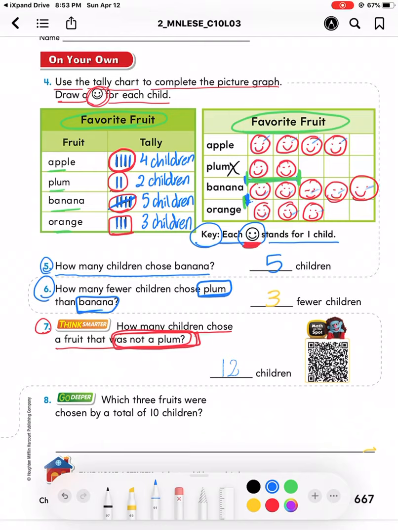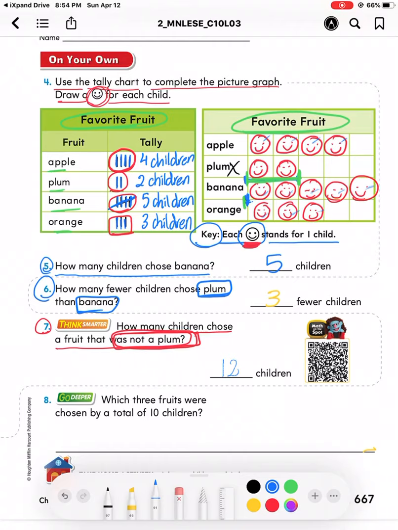Okay, now the last question here, it says, which 3 fruits were chosen by a total of 10 children? Now, this question, I want you to think of it and do it for me. Try to analyze.